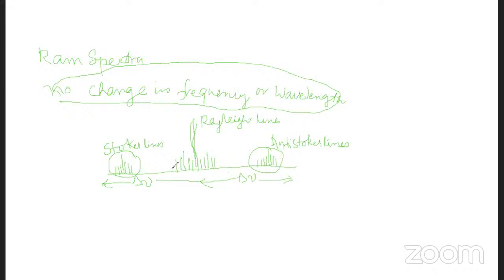He observed that under low resolution, there is one Stokes Raman line and one anti-Stokes Raman line, each having a wave number displacement delta nu with respect to the exciting line, the existing line.